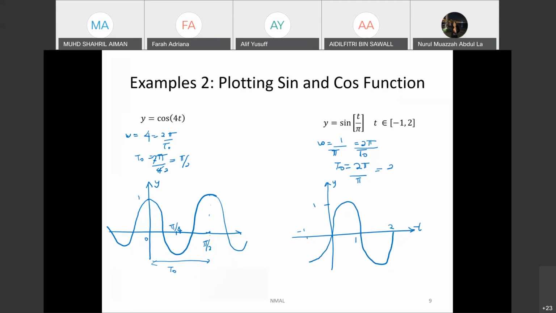Boleh ke? Hello? I need to hear your feedback. Boleh, madam, boleh. Okay, thank you, Amirul. Doctor, for the Okay. T naught, should be 2 pi squared, right? Which one? This one? T naught? 2 pi squared, Sekejap, not 2 pi per pi. 2 pi squared.